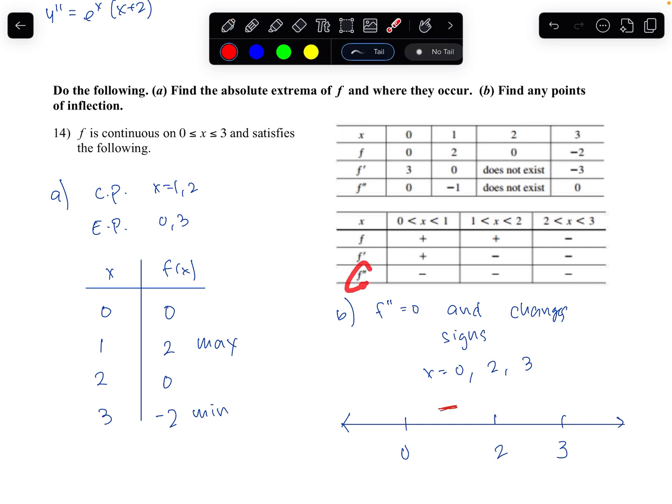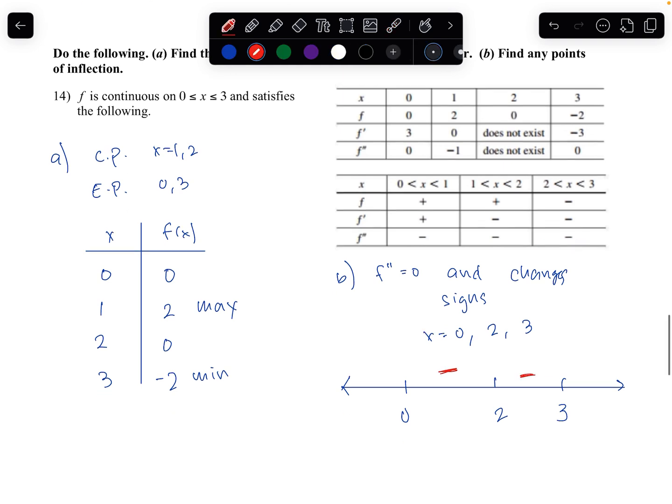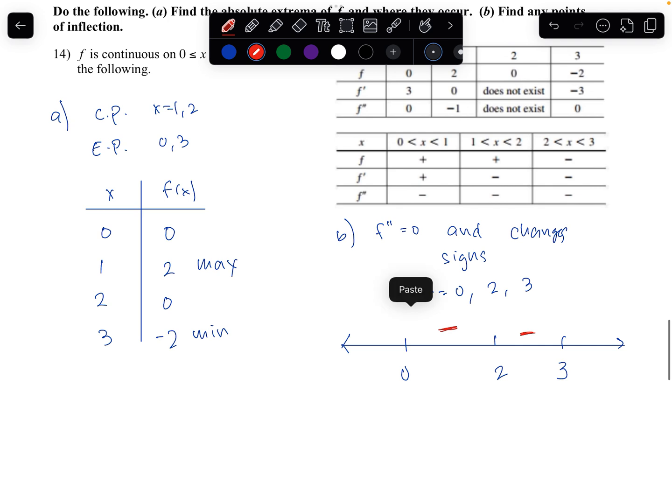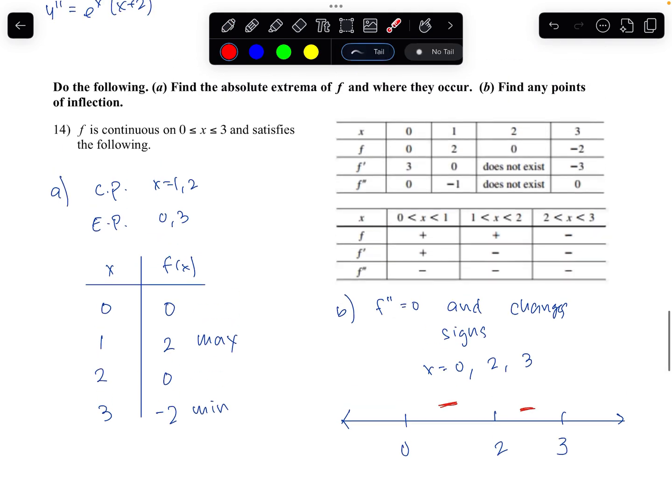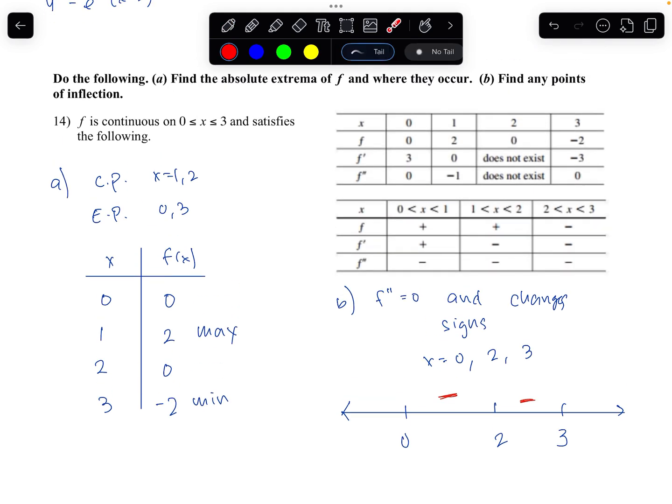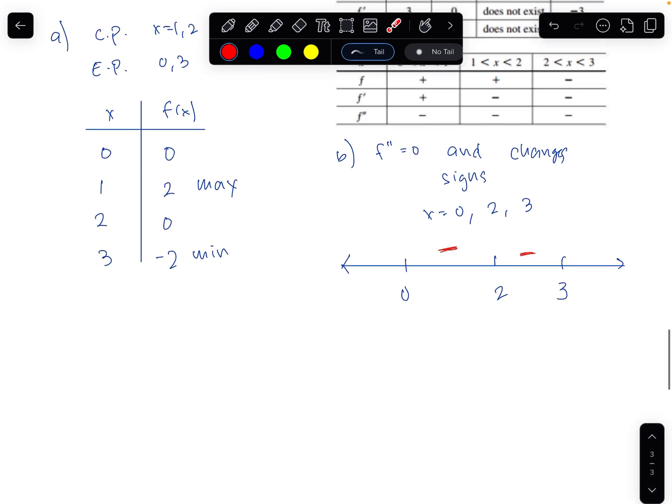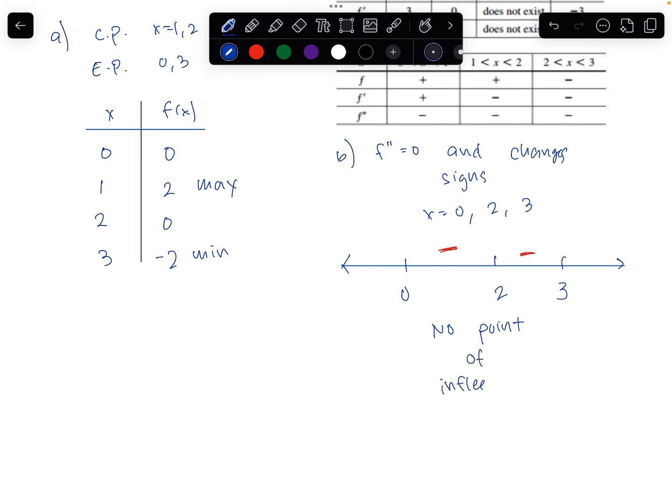And the second derivative between 2 and 3 is also negative. So the function is always concave down. There are no points of inflection.